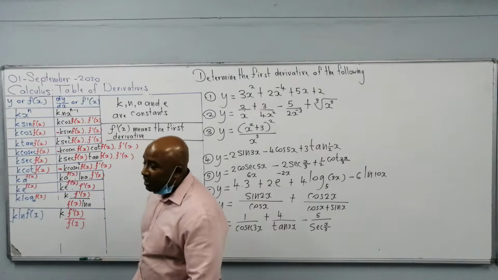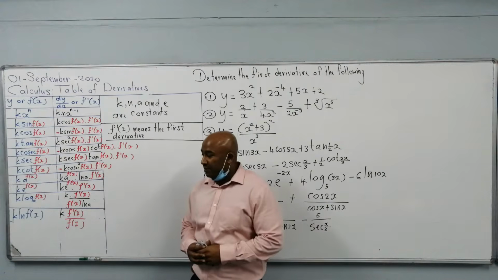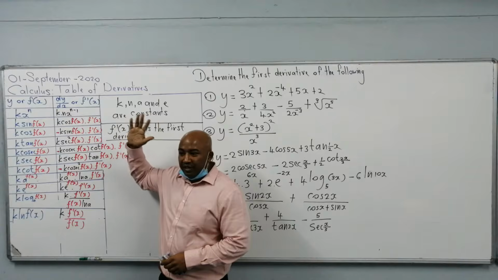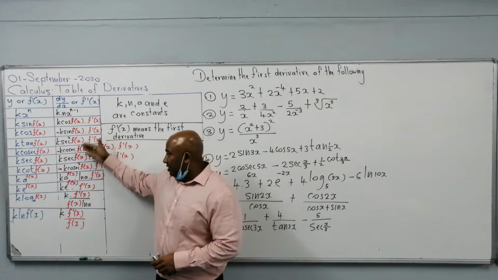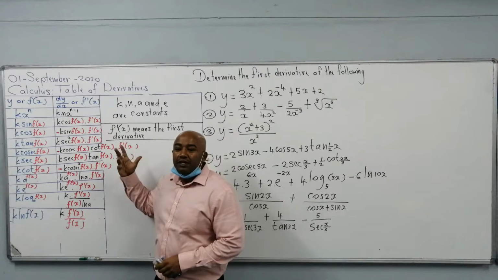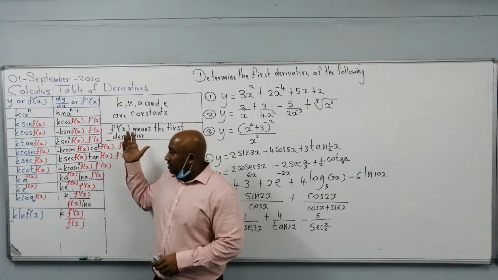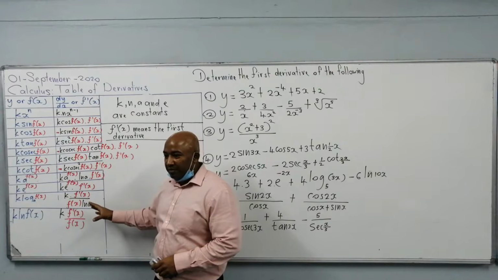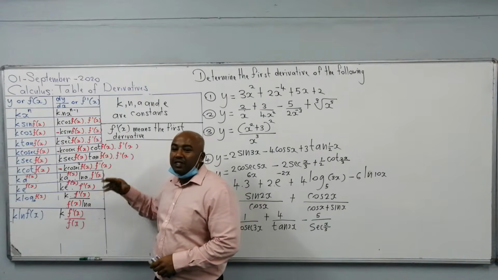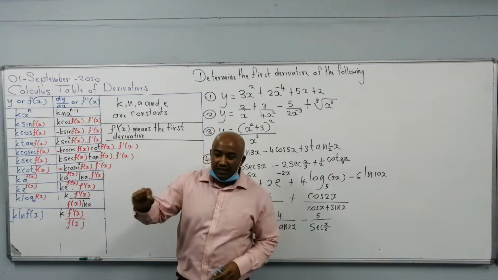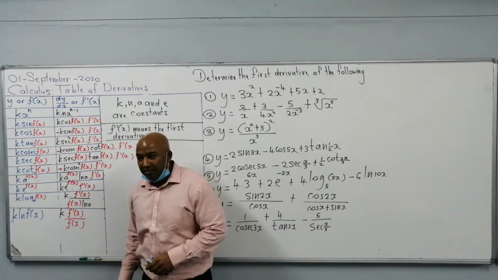So now, what you need to do is the best thing. If you're moving up in engineering, you're carrying on to N5 and N6, you will be dealing with this. Basically, it will be the whole syllabus. So it's best to memorize this table here, okay? Because there are many more rules that you're going to learn, but you will always be using this table of derivatives.